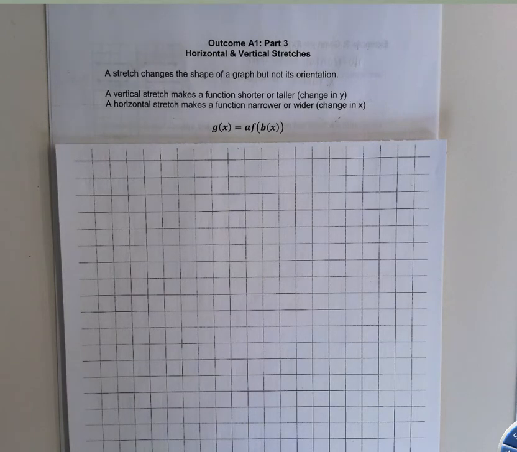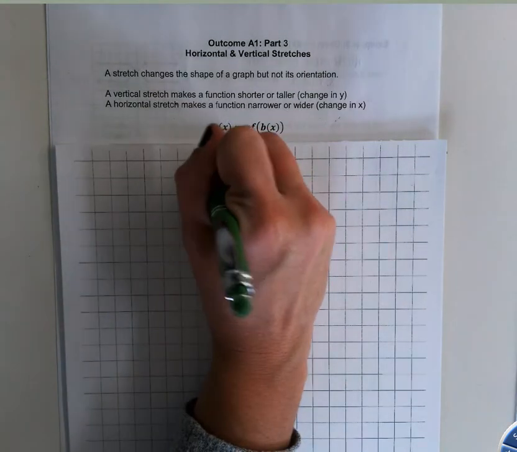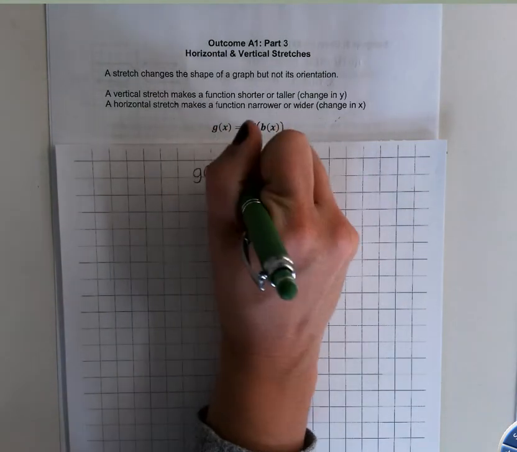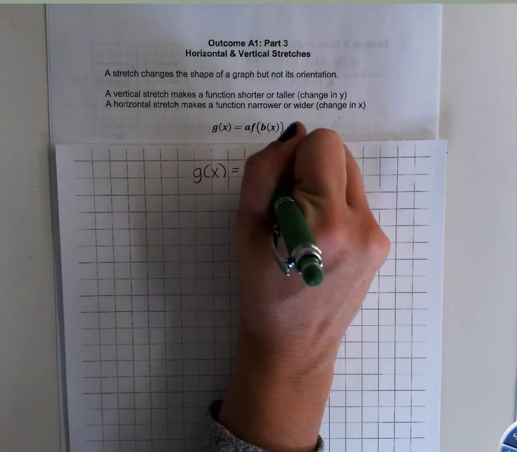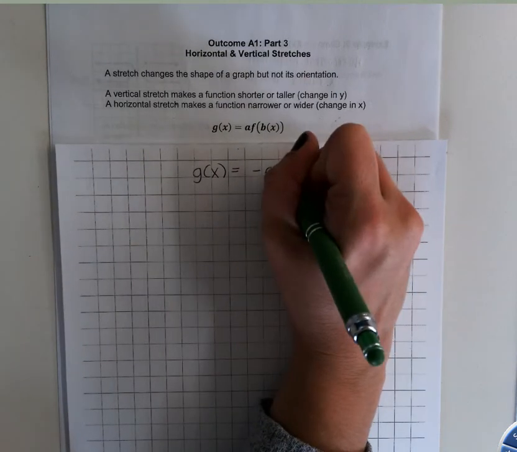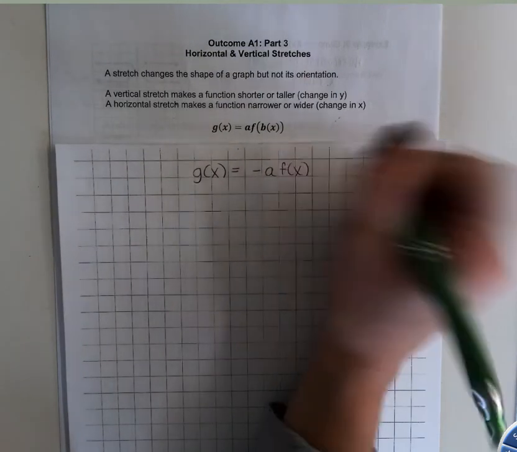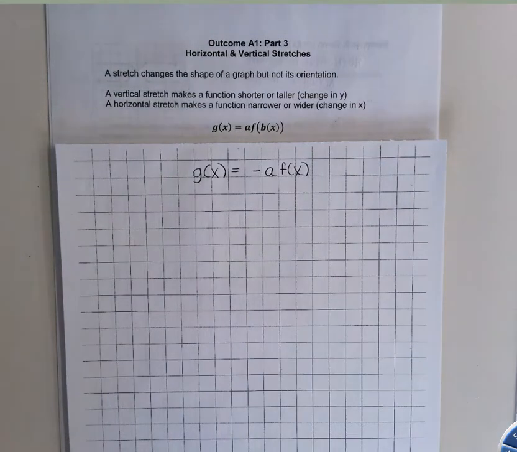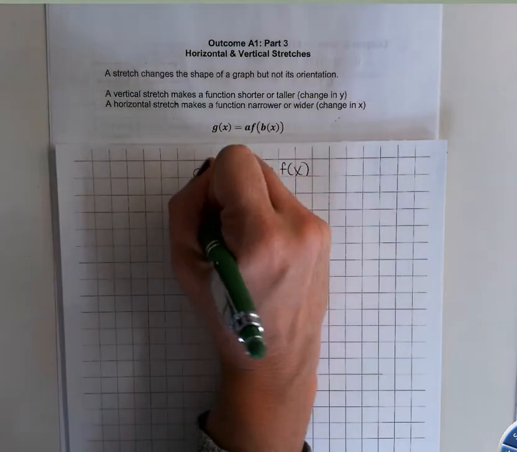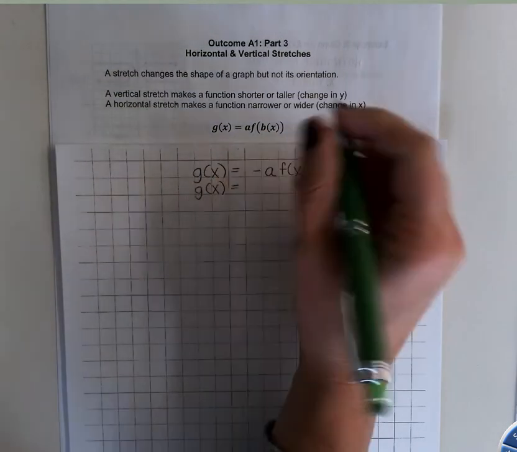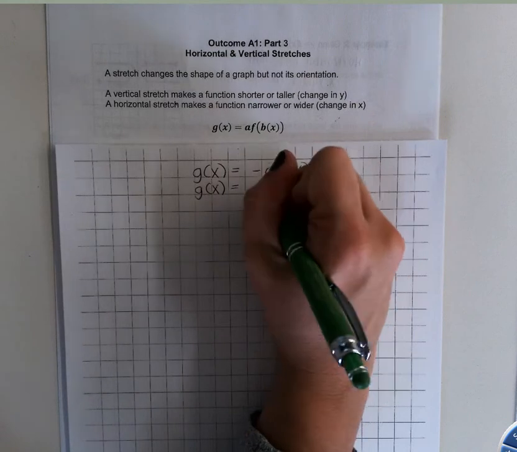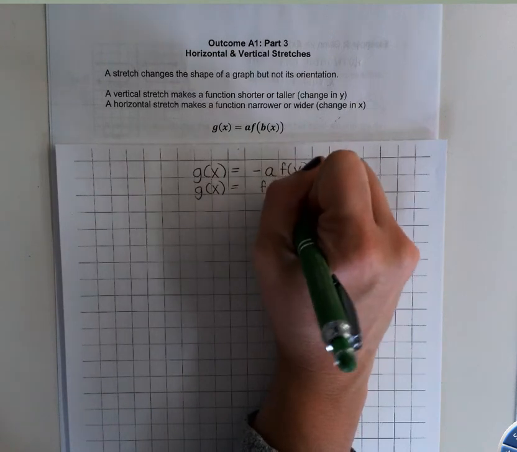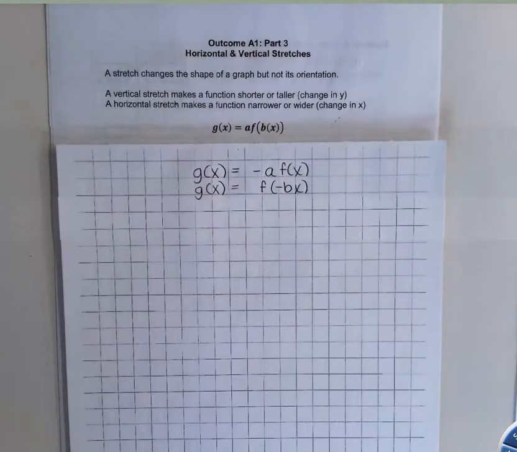So remember, in the previous lesson, we looked at when A and or B were negative. So we looked at situations like this, where we would have a vertical reflection, and we looked at situations like this, where we had a horizontal reflection.